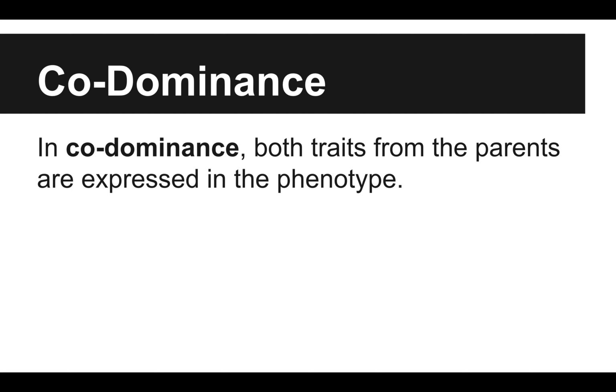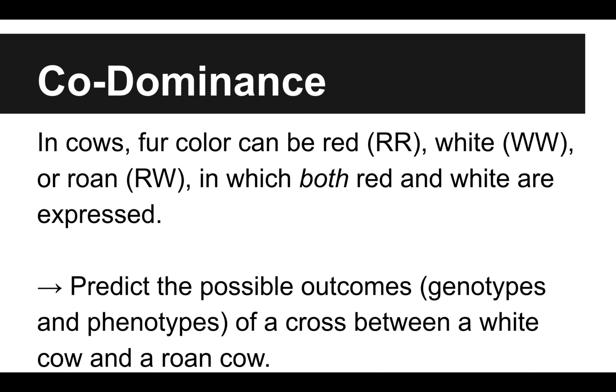Okay, moving onwards. Here is our example. In cows, fur color can be red, white, or roan, in which both red and white fur are expressed. I want you to predict the possible outcomes, genotypes and phenotypes, of a cross between a white cow and a roan cow.